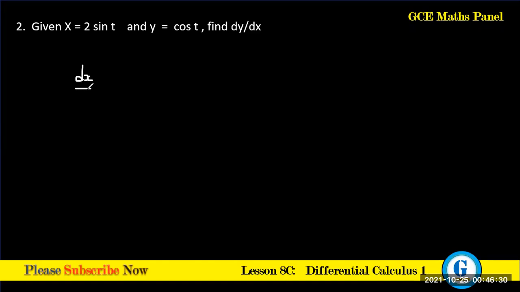So dx on dt will be equal to 2 cos t. And dy dt will be equal to minus sine t.